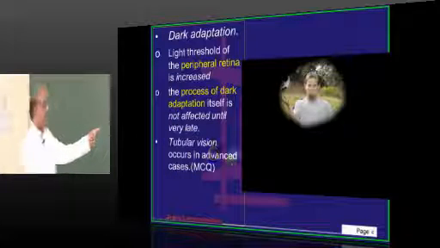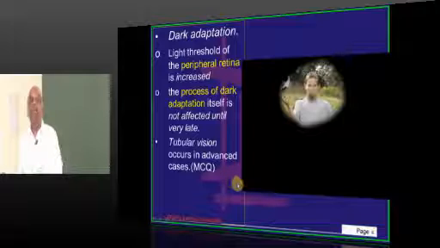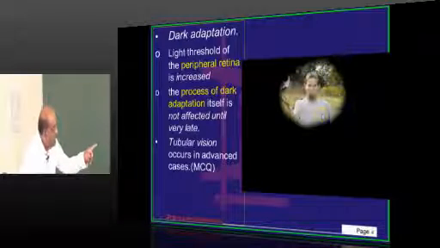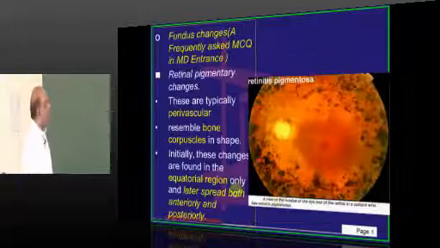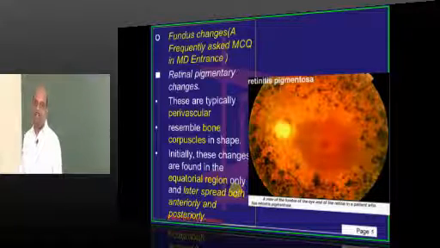So that is the reason the periphery becomes degenerated first, because it is primarily a degeneration of the rods. What is left is only the central vision, hence called tubular vision, a classical feature of retinitis pigmentosa. What are the changes in the fundus?